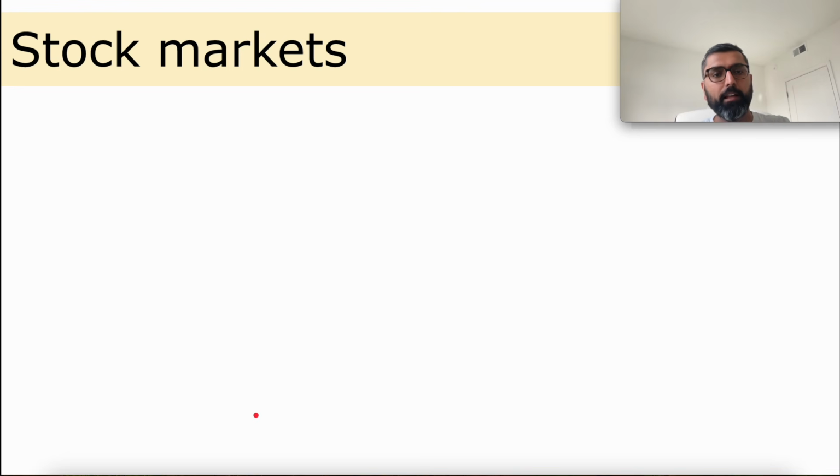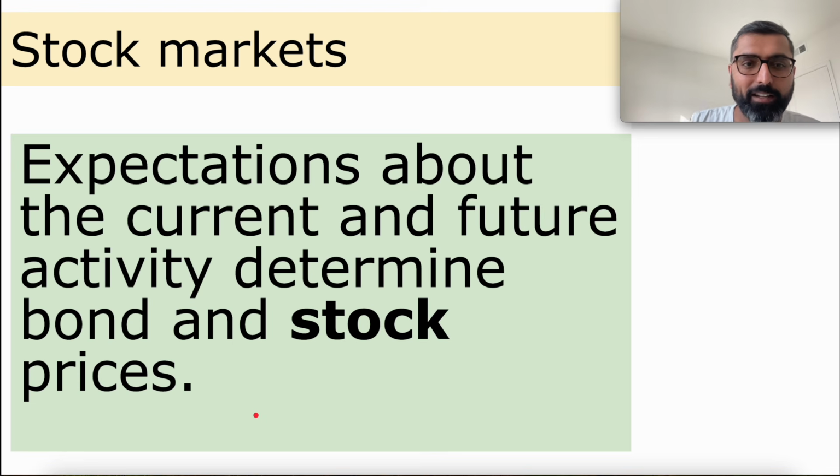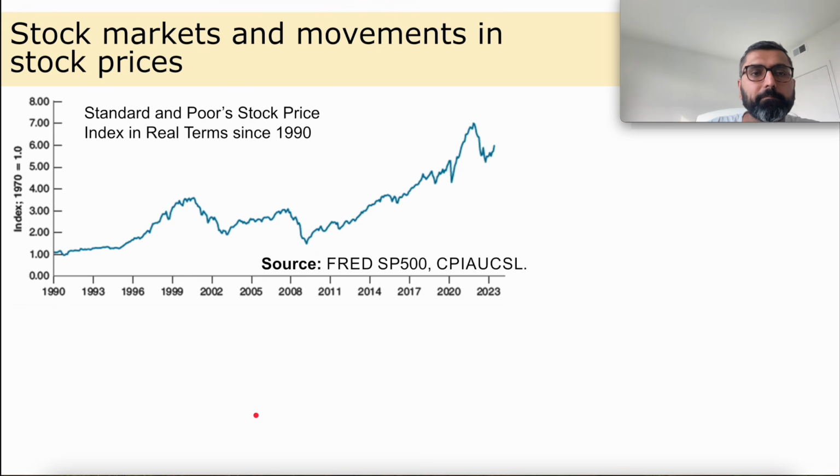Yeah. So now that we've looked at bond markets, now let's go into the stock markets. Like we said and derived a lot of things about the bond market, the same applies for the stock market. Expectations about the current and the future activity determine the stock market price as well. Yeah.